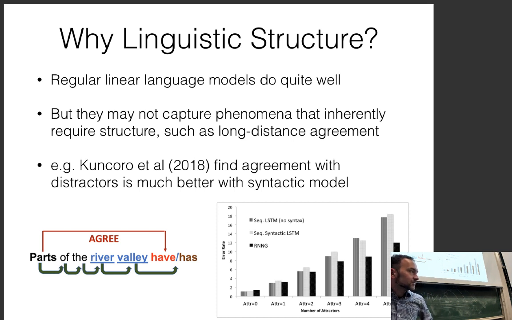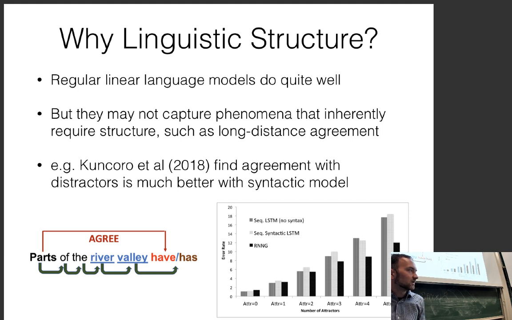When there are no distractors in between, when there are no intervening words to throw off the model, actually the regular LSTMs do a slight bit better. But the moment you start adding distractors, if you have one, they're about the same.